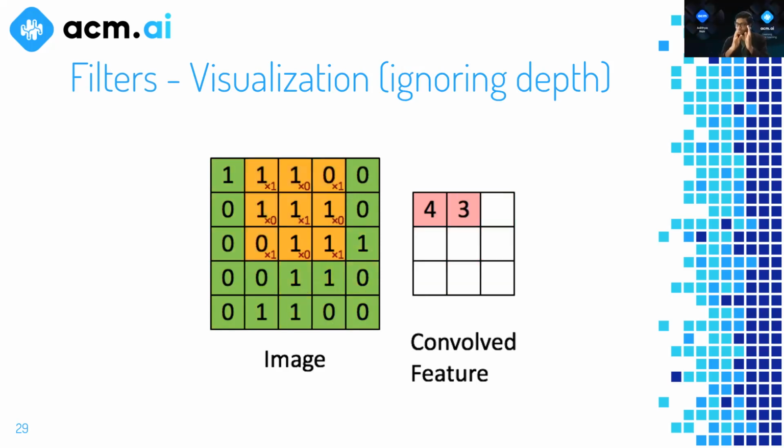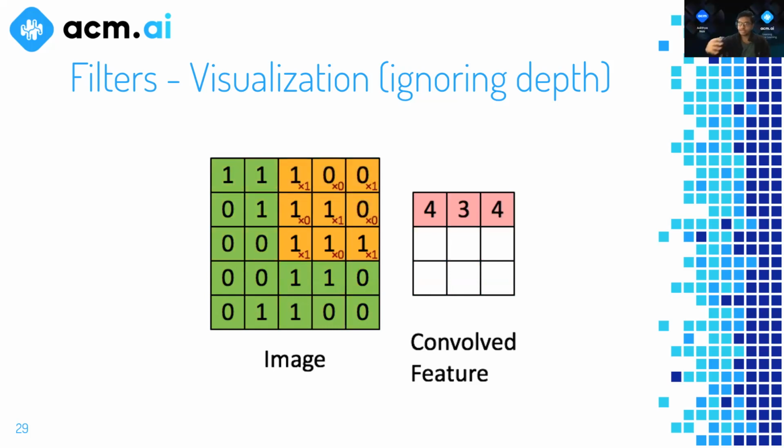As you can see, as this filter moves across this input image, which has dimensions 5 by 5, a dot product is taken between this 3x3 filter and the 3x3 portion of the image it's currently focusing on, and then it sums up all the multiplications that are made. That's how you get the first value in the top left corner of the convolved feature, known as the feature map, to be 4, 3, 4, and so on.